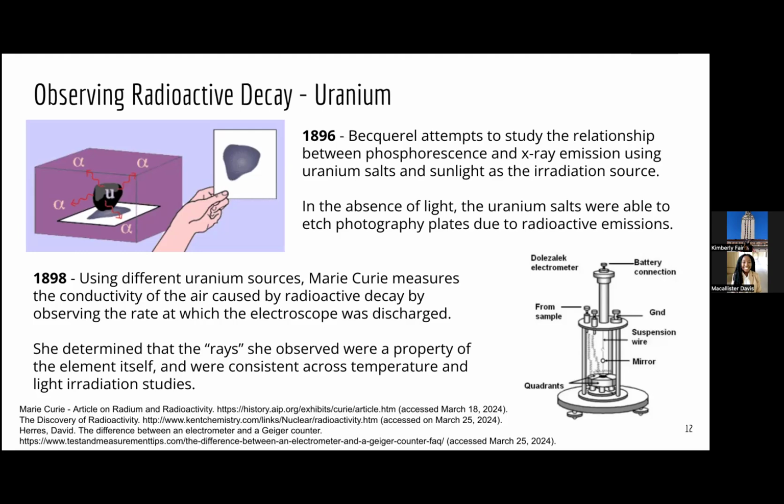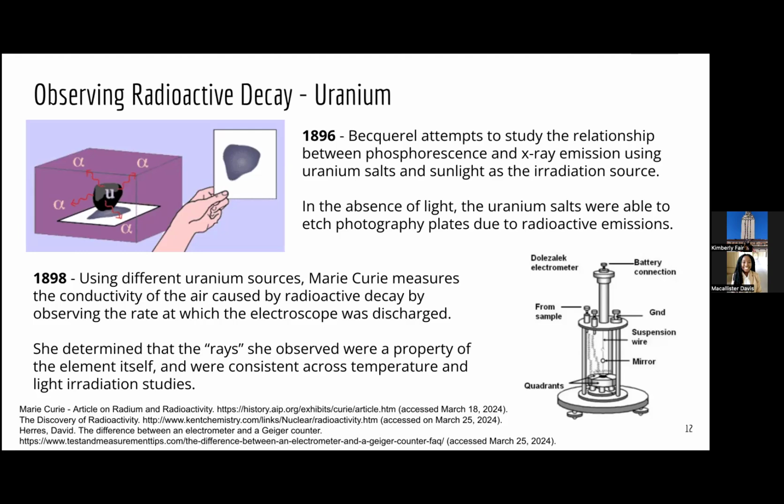Just a few years later, Marie Curie begins making large advances in this area, again, coining the term radioactive. And she does this by measuring the conductivity of air that is caused by decay events, and is able to observe the rate at which an electroscope was charged and discharged from the sample.